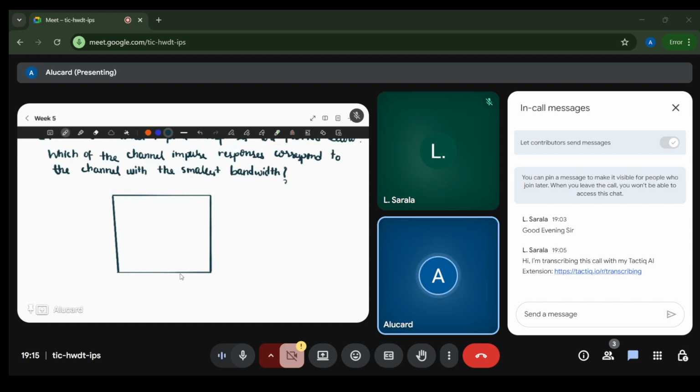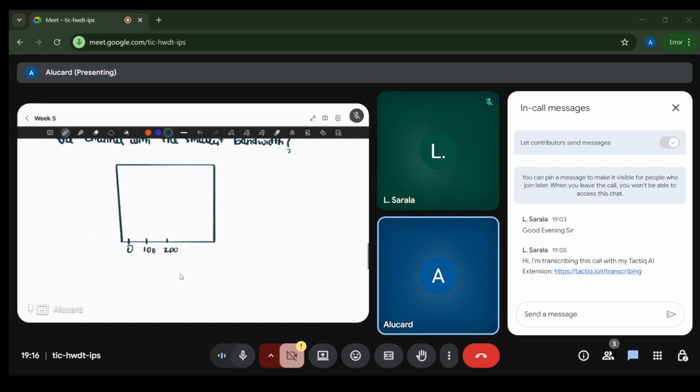There is one channel response C. This is a time axis. The actual values are not important for us.